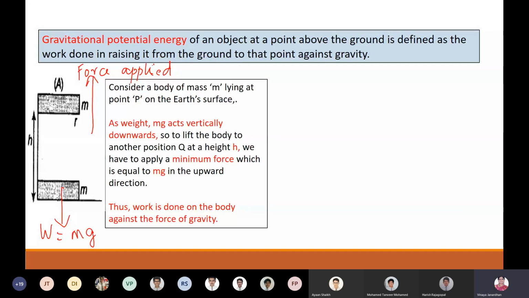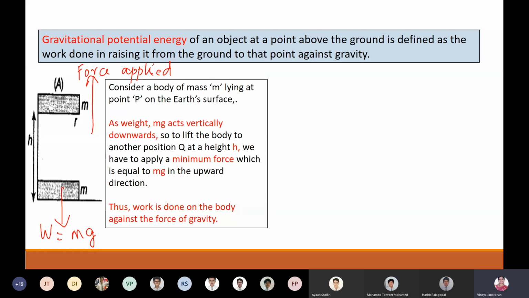Now, when I'm lifting this object, I want to move this object to a height h above the ground. So I have to apply a force which should be at least equal to its own weight, gravitational force, or greater than that. So I am lifting this object by applying a force against gravity, moving it to a certain height. Force is applied, displacement is also being done, right?